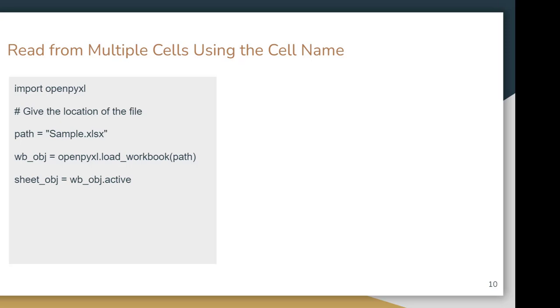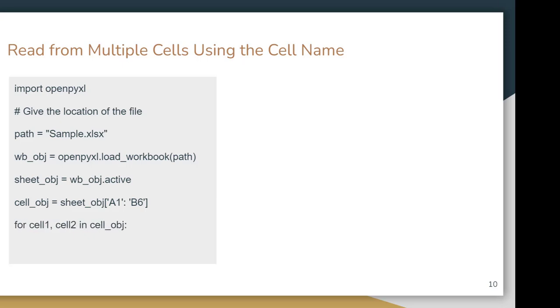It is used to activate the current sheet of Excel. cell_obj equals sheet_obj, and under third bracket we provide here the cell address, that is A1 to B6, like under single quotation A1, that is the first cell, after that colon, under double quotation B6.